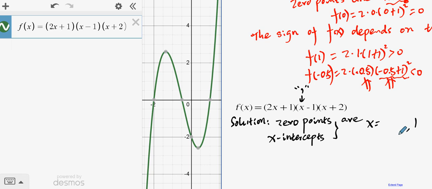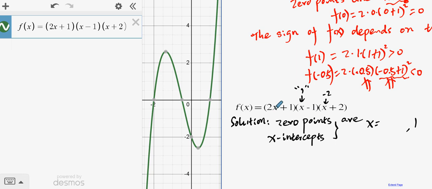What else? You plug in -2 here, -2 plus 2, you have a 0. The rest of them are non-zero. When you plug in -2 here, you actually get -3. Okay, -2 minus 1.